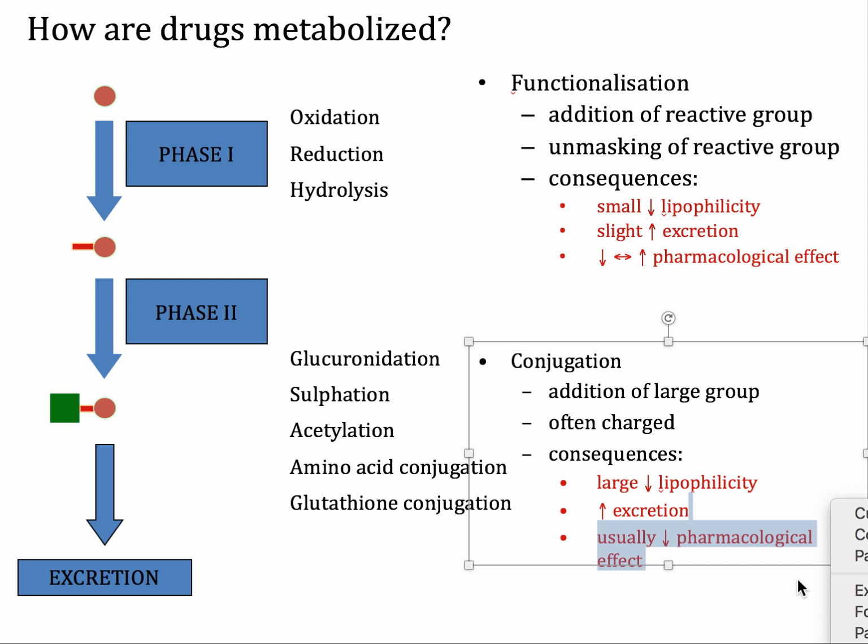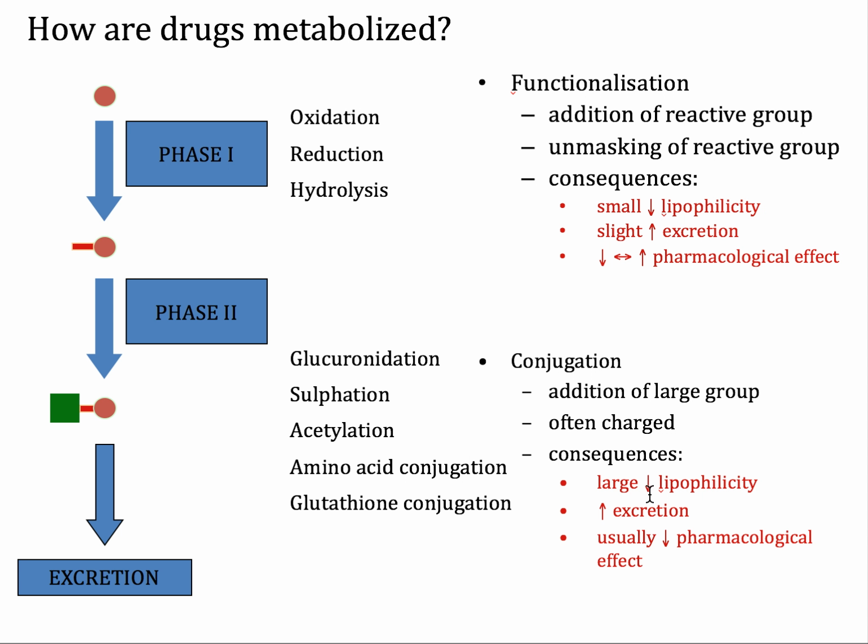But you can see the consequences are that once phase 2 takes place, the drugs have a very large decrease in lipophilicity, so it makes them highly hydrophilic. The excretion is very highly increased, and the pharmacological effect, on the downside, usually decreases. But as you can see, phase 2 creates a much more significant effect compared to phase 1.